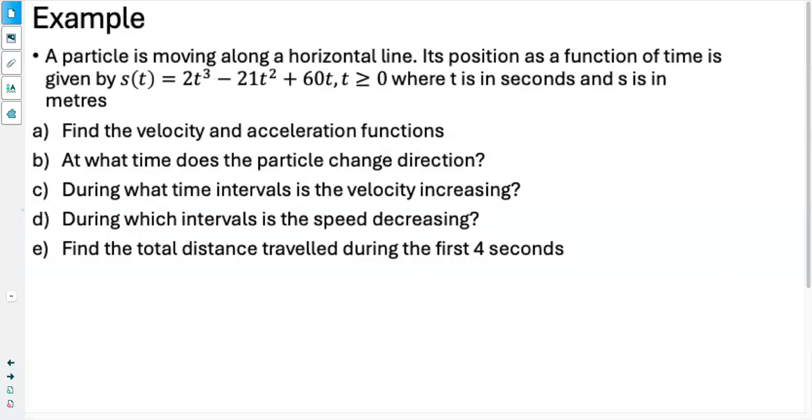We want to find at what time does the particle change direction, during what time intervals is the velocity increasing, and during which intervals is the speed decreasing, and find the total distance traveled during the first 4 seconds.